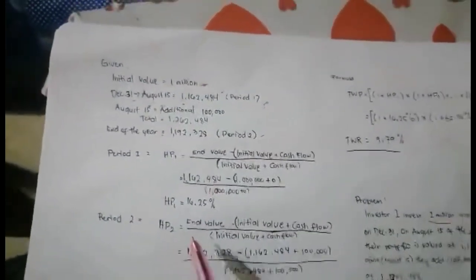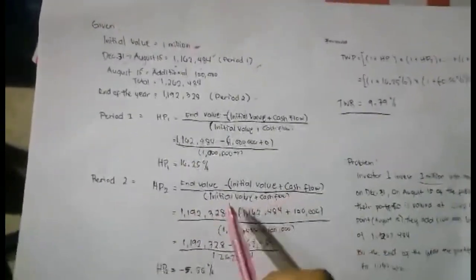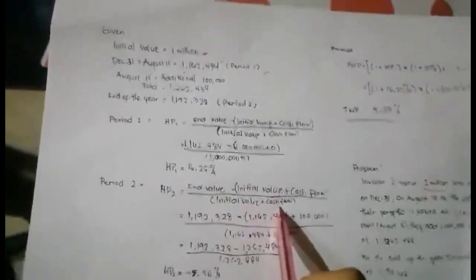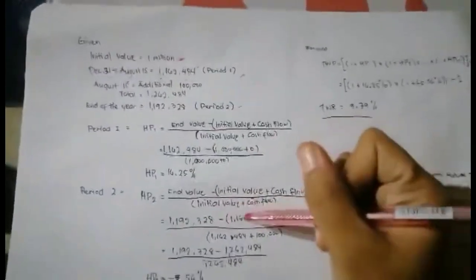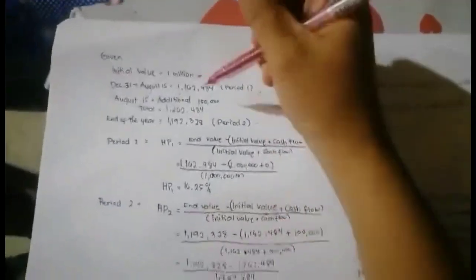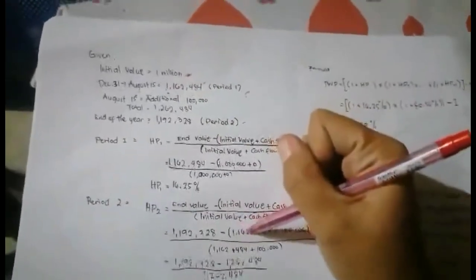Same with the formula: the end value minus the initial value plus the cash flow, divided by the initial value plus the cash flow. So here, his end value is 1,192,328 minus the initial value, which is from August 15, the 1,162,484, this one.